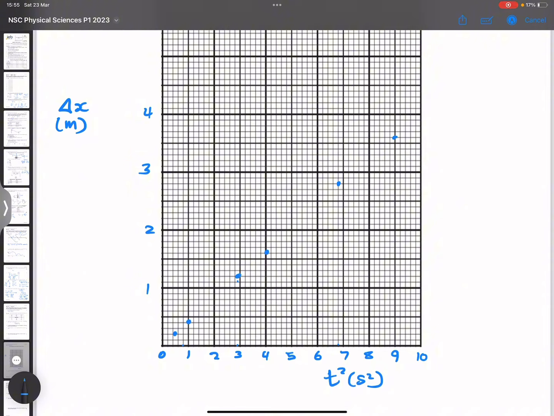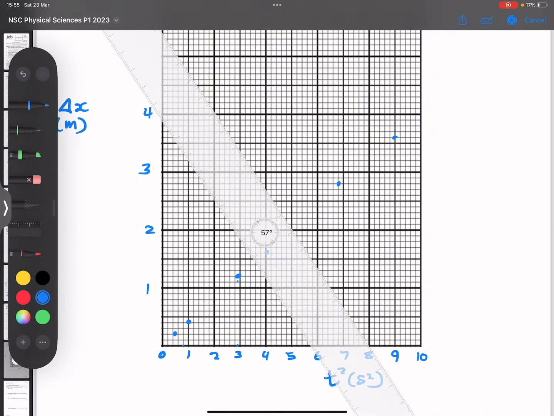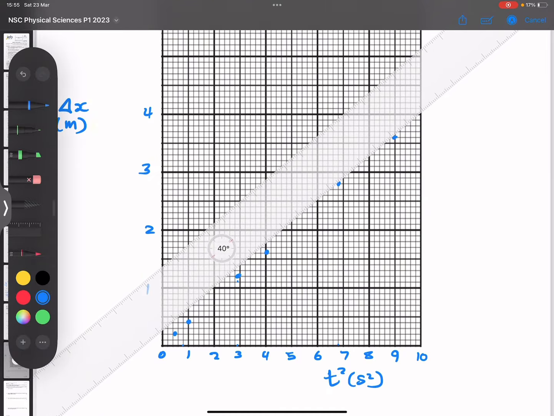Right, so now what we're going to do is use our ruler. Okay, so what we are going to have to do here is take a line of best fit. Now, you do agree with me that this is the best I can do.